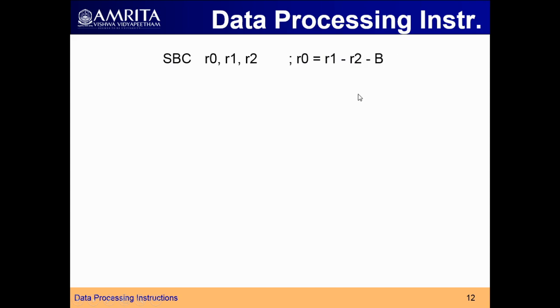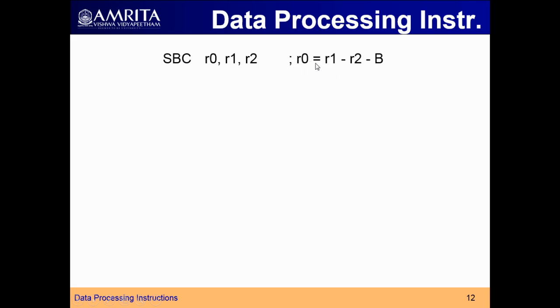There was an instruction known as ADC, which means add with the carry. The operation is R0 equal to R1 plus R2 plus C. But here it is SBC, subtract with the carry, so the borrow also should be subtracted from the subtracted result.